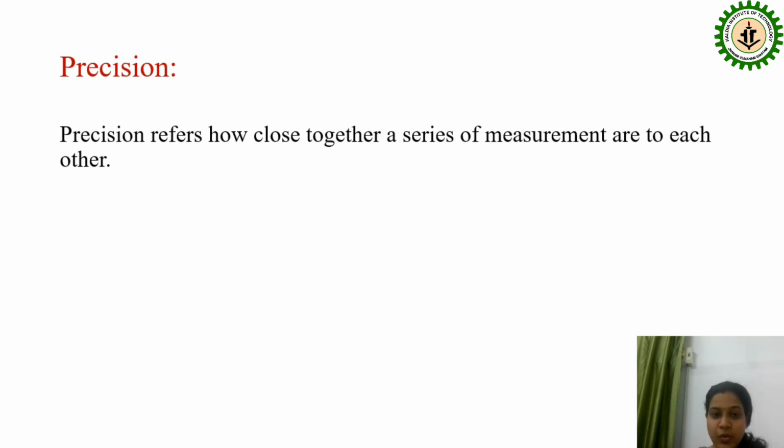That means here we have to perform one experiment several times to get a series of values. In the same example, this is the resistance R, and let the true value of current flowing through this resistance be 5 ampere. Now with the help of ammeter 1 we are going to perform this experiment several times.